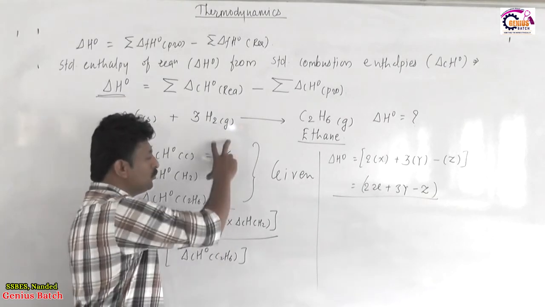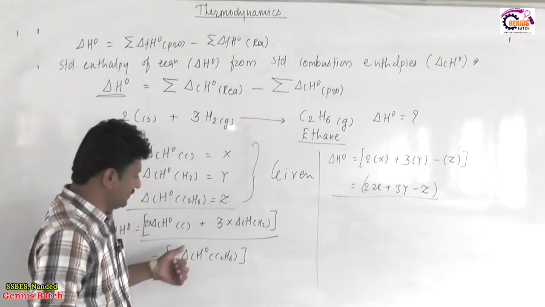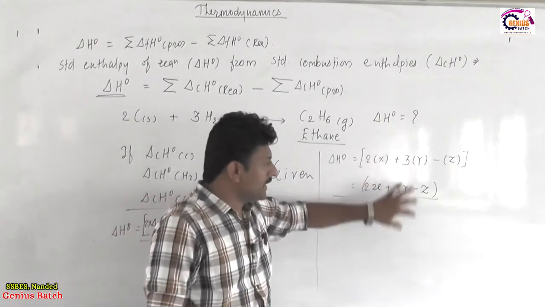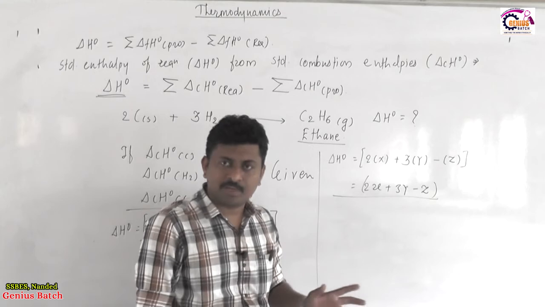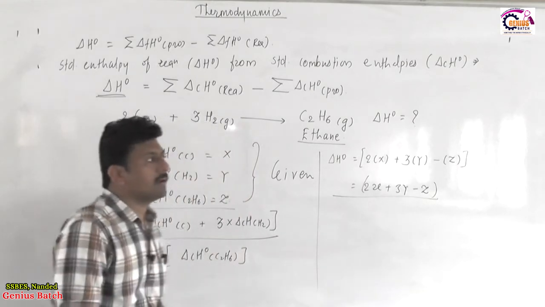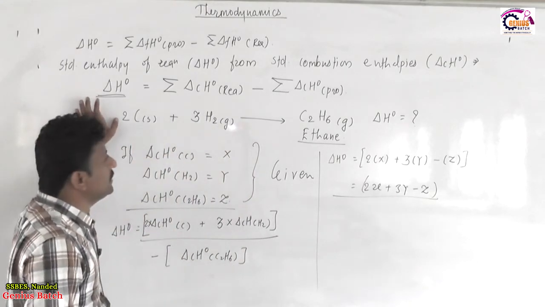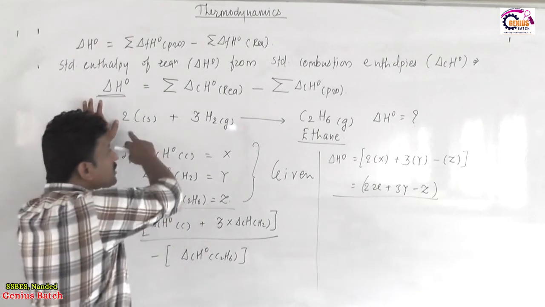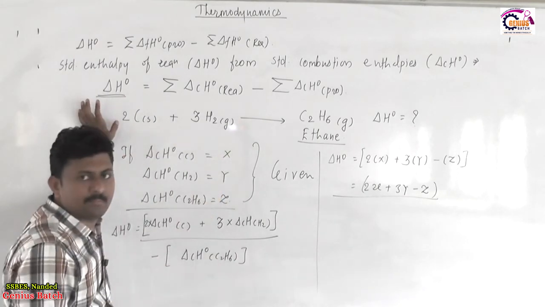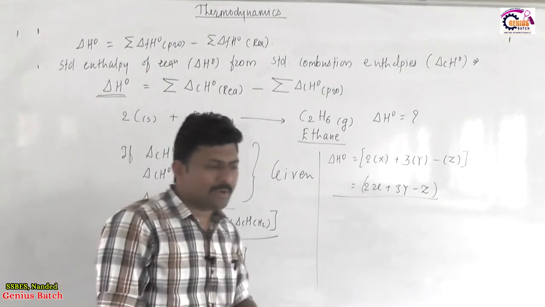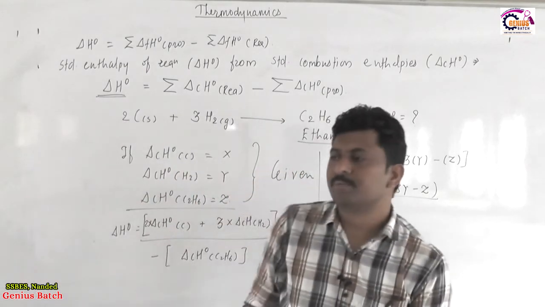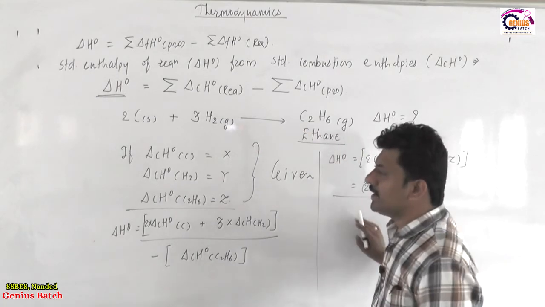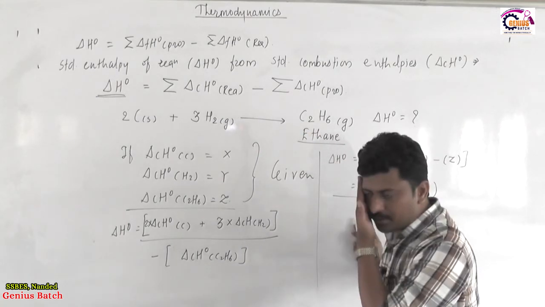We need to use those values in this equation, and from the value provided we will get a final answer which is a numerical number, which will be formation enthalpy for C2H6 or enthalpy change for this particular reaction. Clear? This is one way in which the question based on this type of reaction can be asked by providing data in a direct manner, in a straight form.